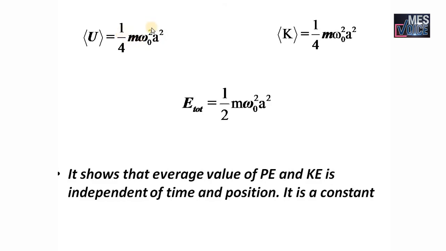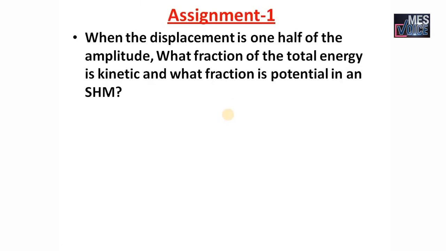So we got the expression for average potential energy and average kinetic energy, and the average total energy, which is 1/2 m ω0² A², and it is independent of time.